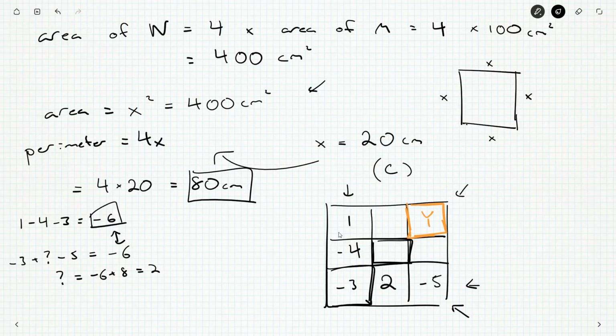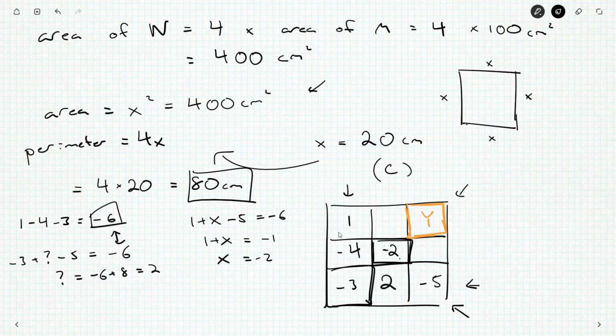So 1 plus the middle square, we might call him big X, instead of constantly using a question mark, so 1 plus big X minus 5 has got to be -6. Bring the 5 over, 1 plus big X has got to be -1. Bring the 1 over, big X has got to be -2. So we can fill him in, -2.